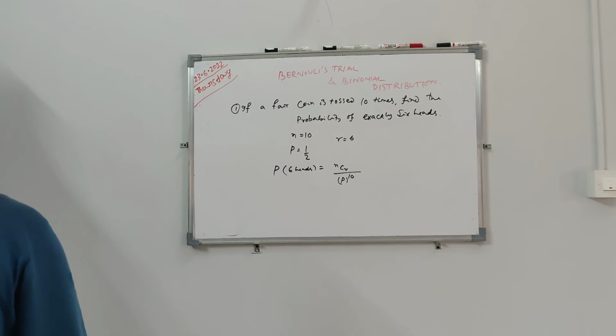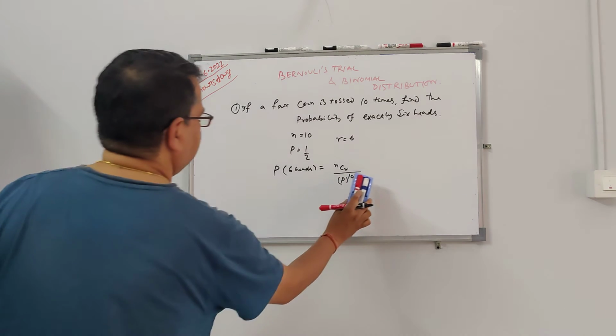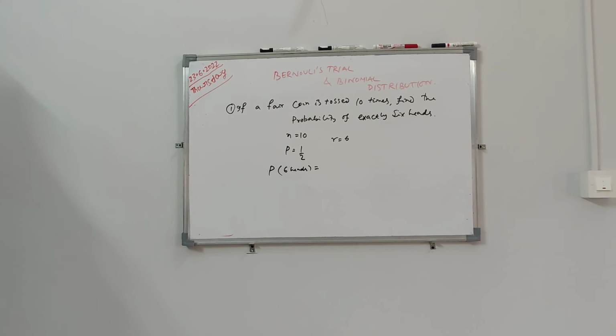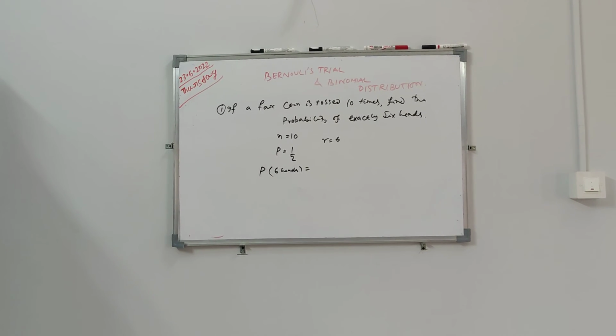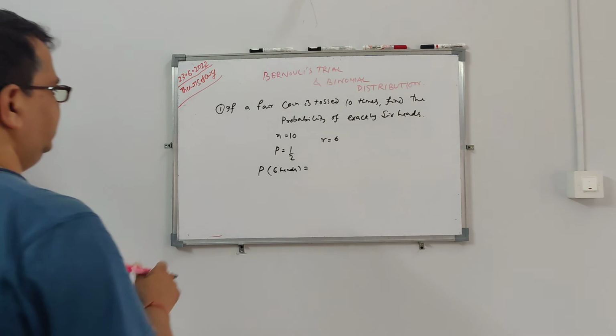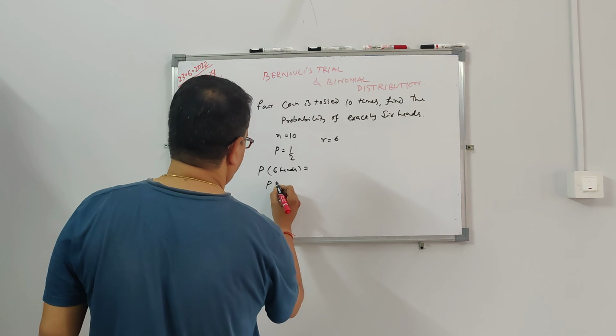Q is 1 minus P. So what we'll write is the generalized equation: NCX P to the power n minus x and Q to the power x.